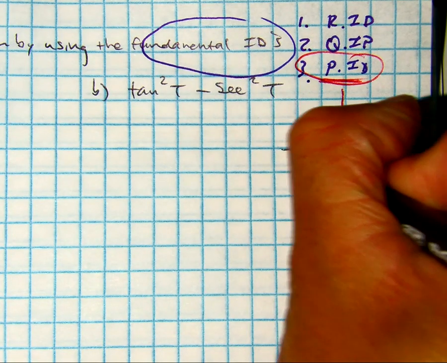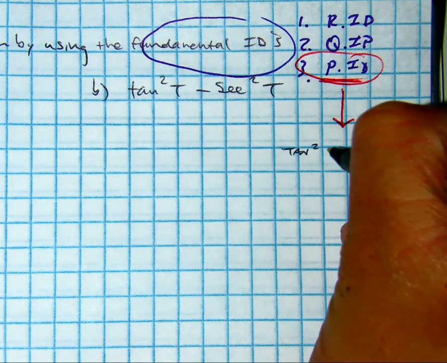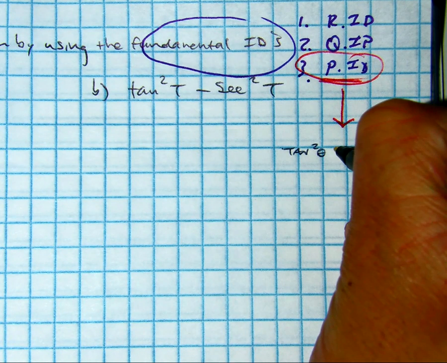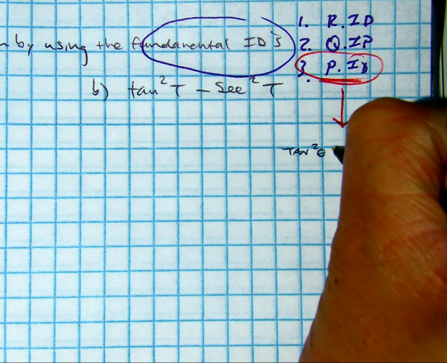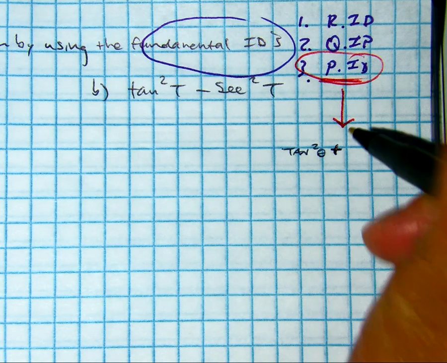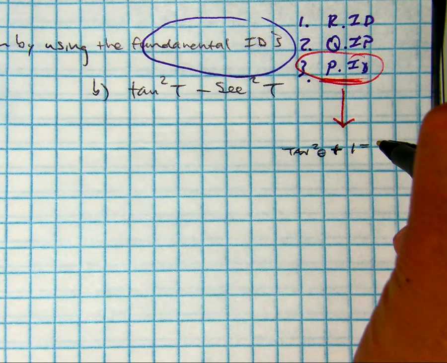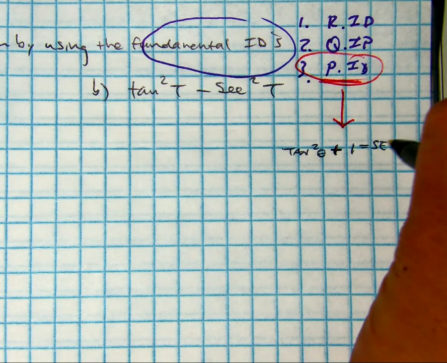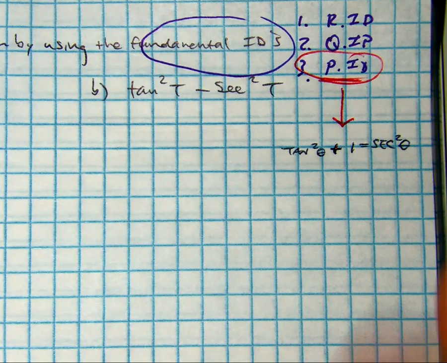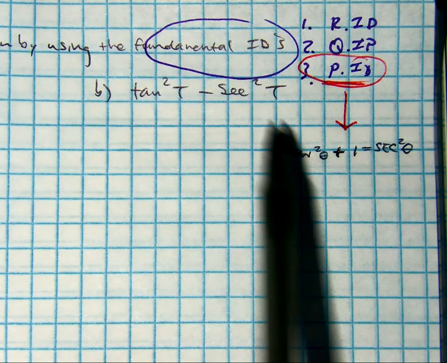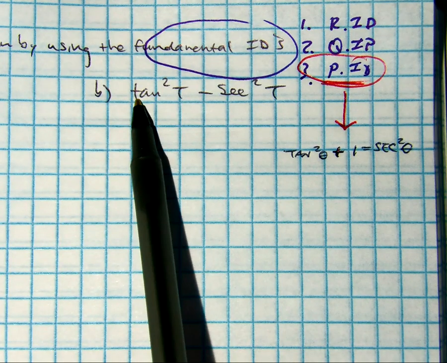Tangent squared theta plus 1 equals secant squared. Okay. This is the one I want to use because I noticed they're both a tangent and secant in here.